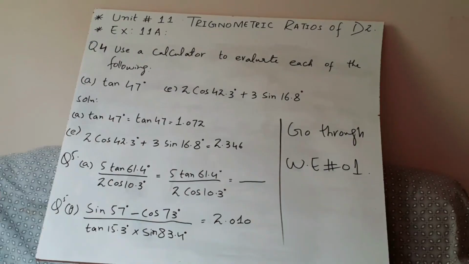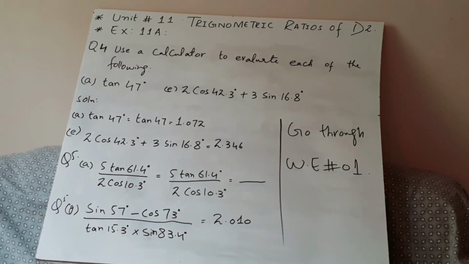In question number 4, they have given: use a calculator to evaluate each of the following. So now we have to use the calculator. In the first part, tan 47 degree. How can we evaluate tan 47 degree using a calculator? If you have a scientific calculator, which you should have for evaluating these trigonometric ratios, you can see the ratios sine, cos and tangent.